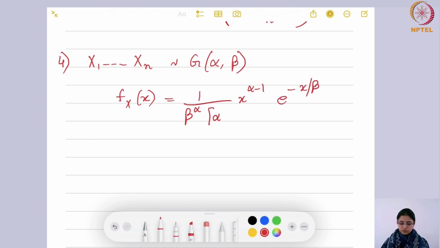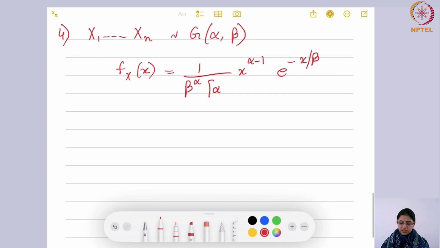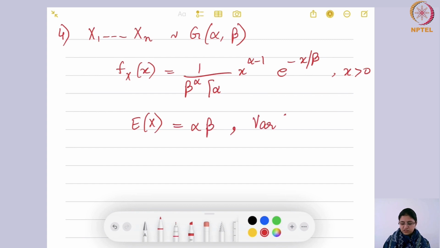If you want to recall, the expectation of X came out as alpha beta, and the variance is alpha beta square.